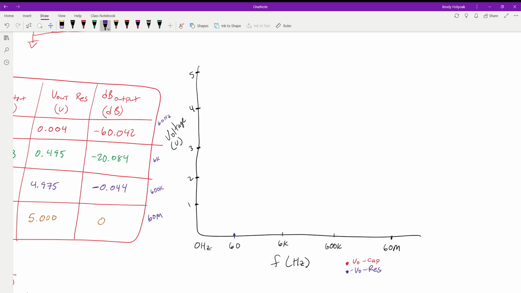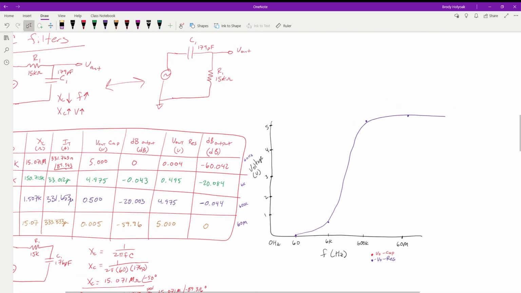At 6,000 hertz, it was just under half a volt. At 60K, it was 4.95 volts. So we come almost to there, and then at 60 meg, it was 5 volts. If we graph these together, it's a waveform that looks like this and then flattens off. Okay, so that's what this guy looks like.